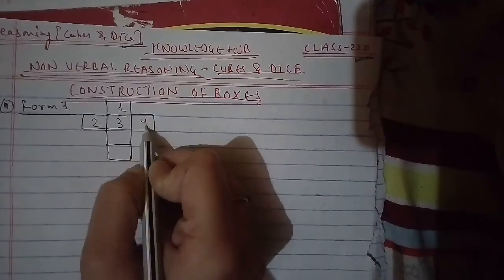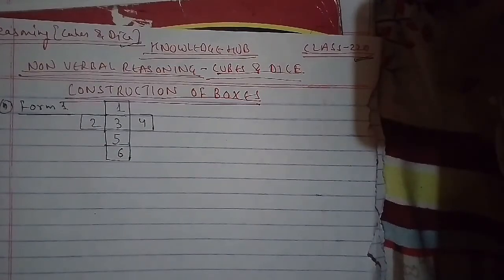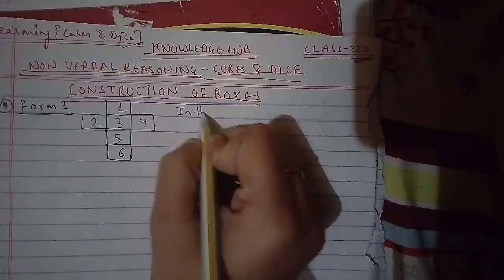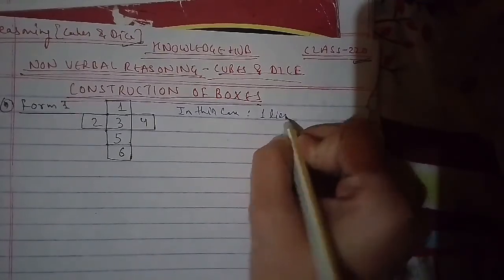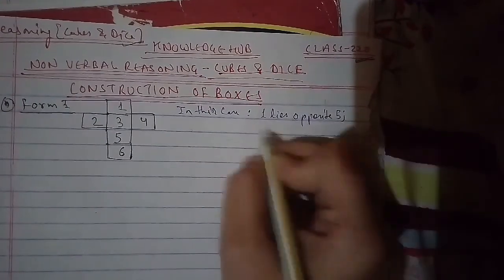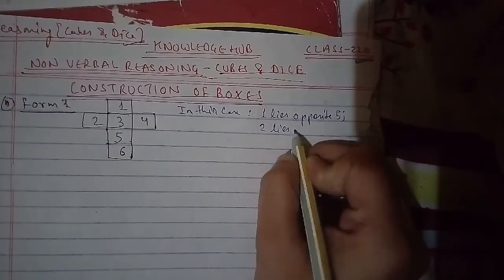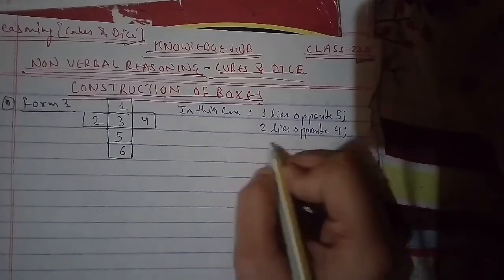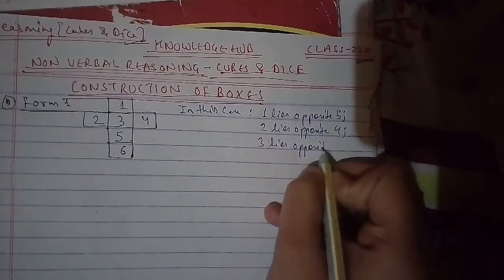In this case, 1 lies opposite 5, 2 lies opposite 4, 3 lies opposite 6.